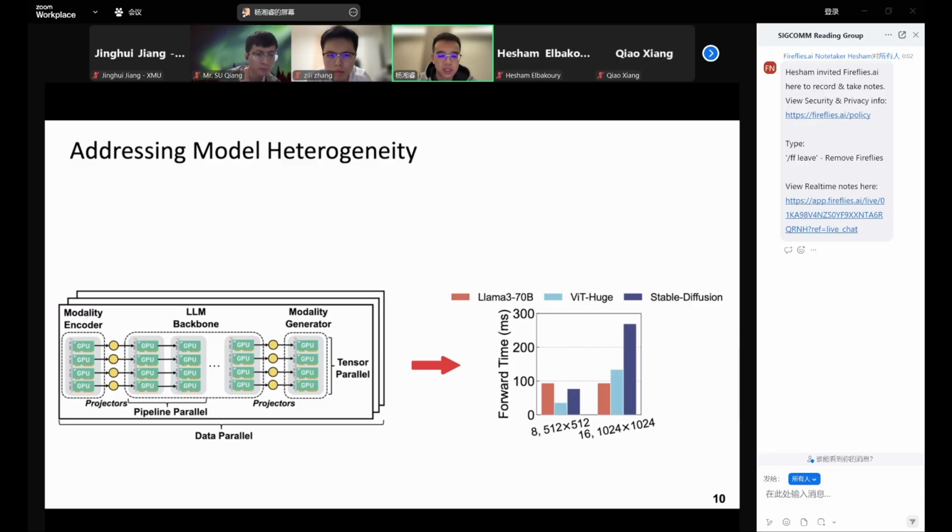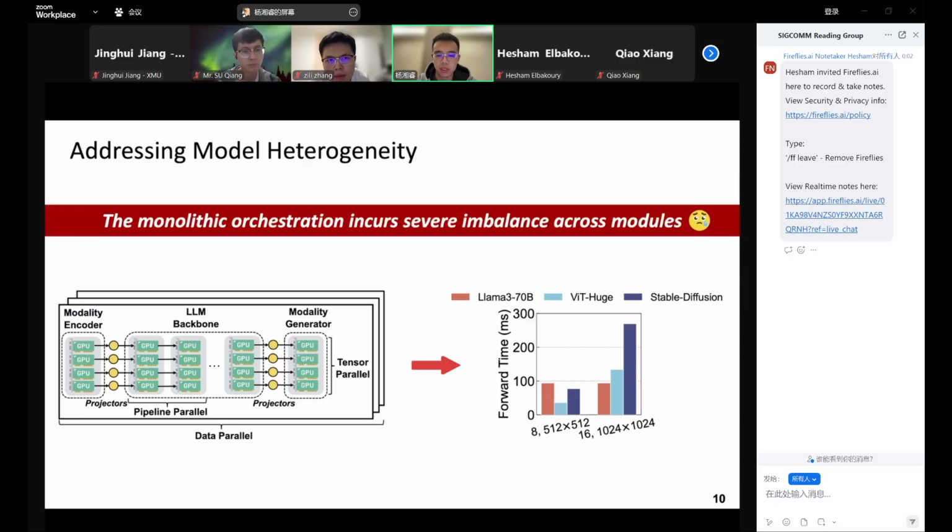On the left, you can see this typical setup where data, pipeline, and tensor parallelism are applied uniformly across encoder, LLM, and generator. This strategy completely ignores that these are architecturally distinct modules with very different computational needs. The consequences are shown clearly in the performance chart on the right. This forces the faster components to sit idle, waiting for the slowest one in the pipeline.